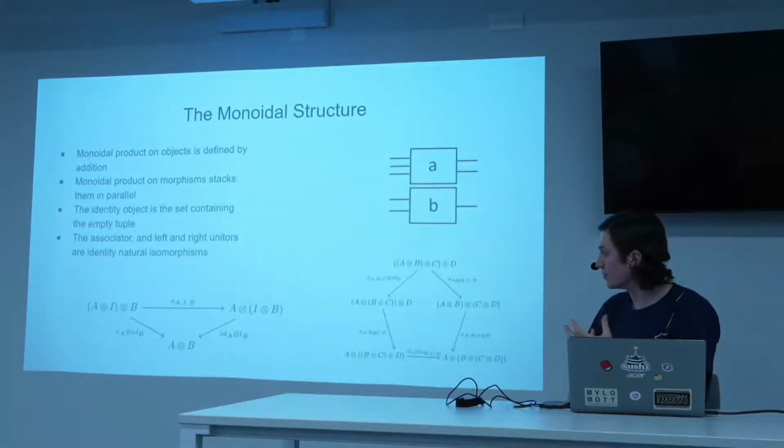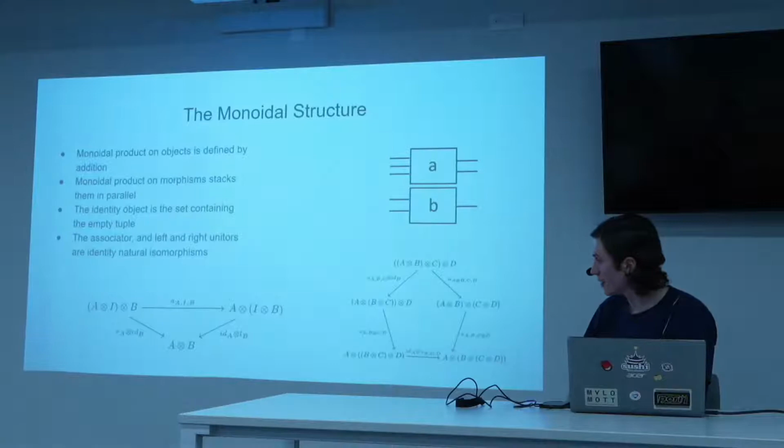And so the left and right unitors are the category's internal definition of how the monoidal product acts with the identity object, and so yeah.